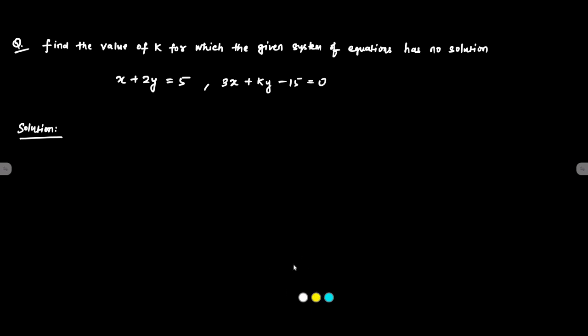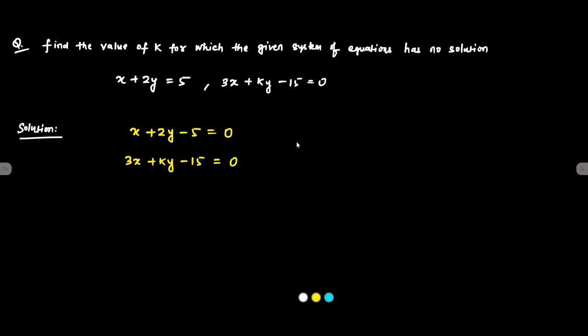The second one is already in standard form, so the first one will be in standard form. It is x + 2y - 5 = 0, and here it is 3x + ky - 15 = 0.